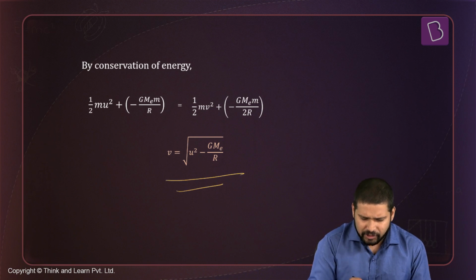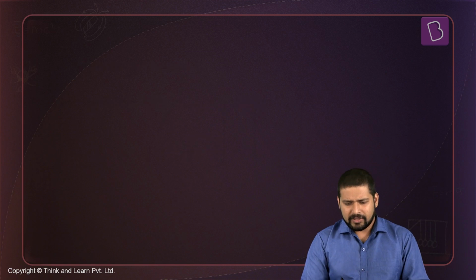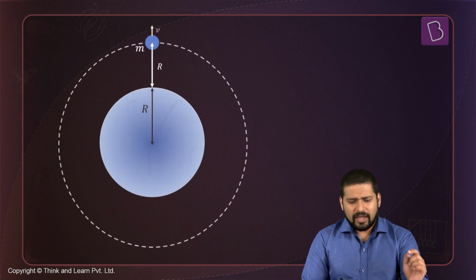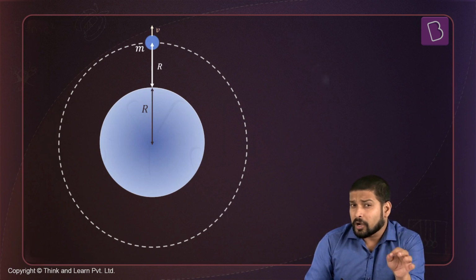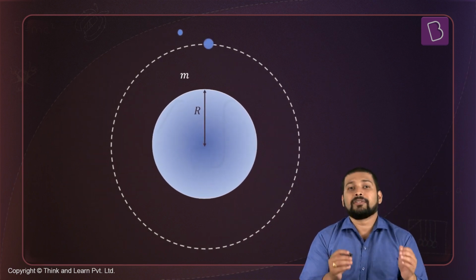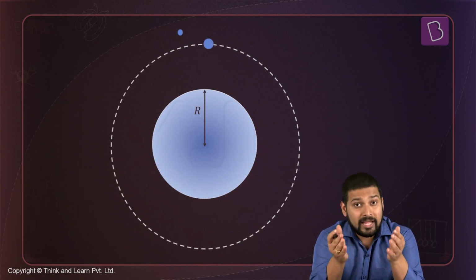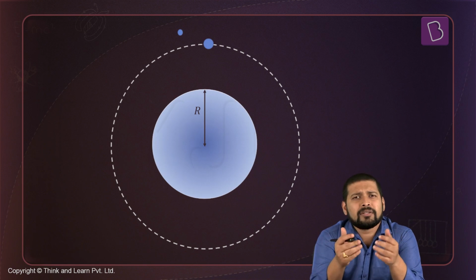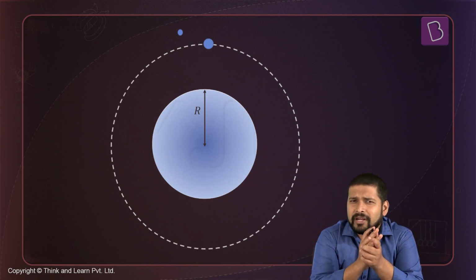So this expression gives you the value of v, and once you have got that, we have to understand what happens after this. At this point a rocket is fired off, and as you fire the rocket, the mass of the remaining satellite is 9m/10, and the mass of the rocket is m/10. 1/10 of the mass flies off with some velocity.